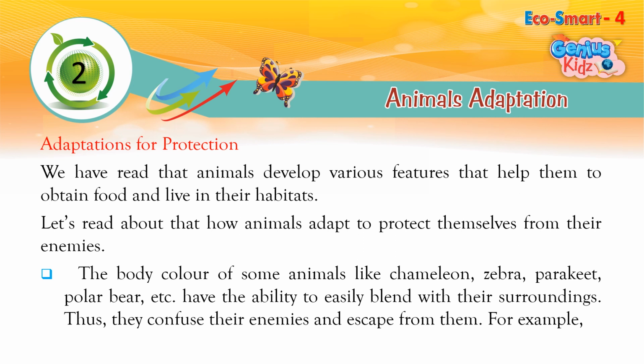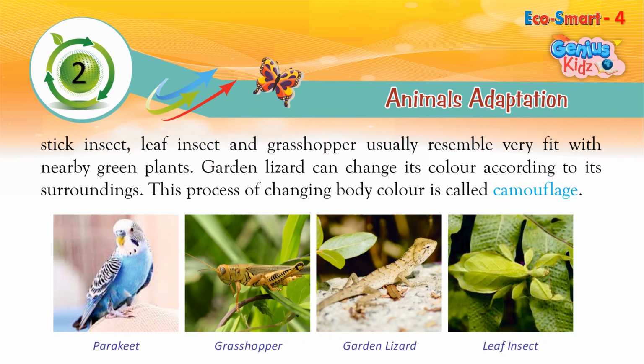Thus, they confuse their enemies and escape from them. For example, stick insect, leaf insect, and grasshopper usually resemble very closely nearby green plants. Garden lizard can change its color according to its surroundings. This process of changing body color is called camouflage.